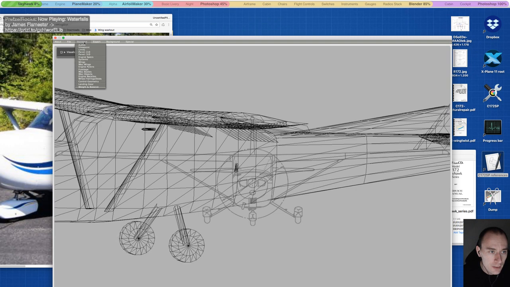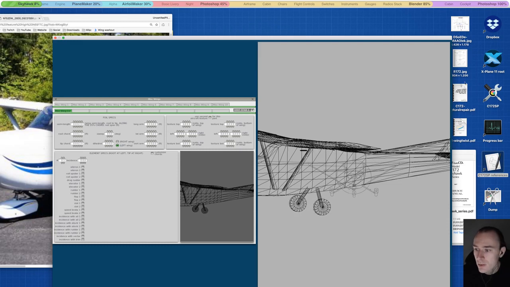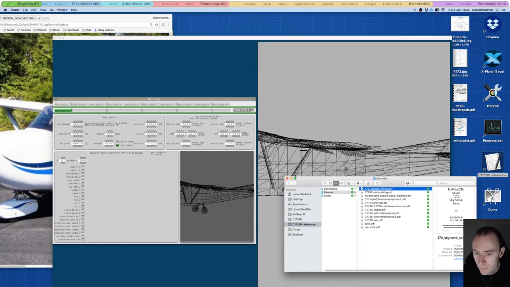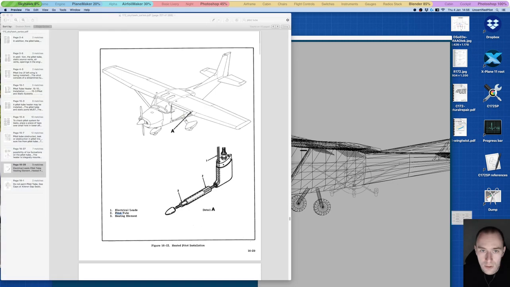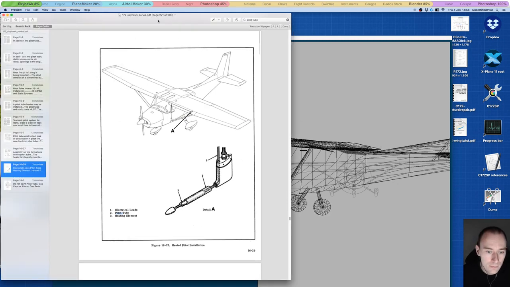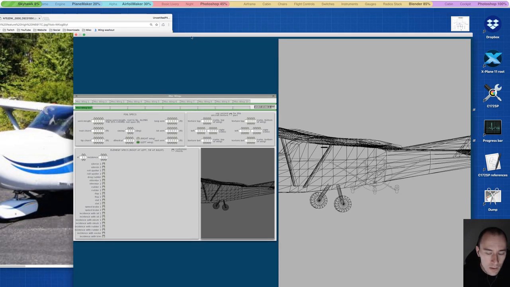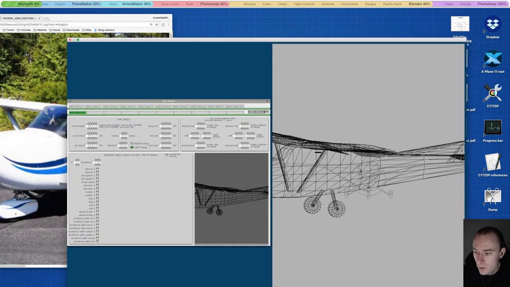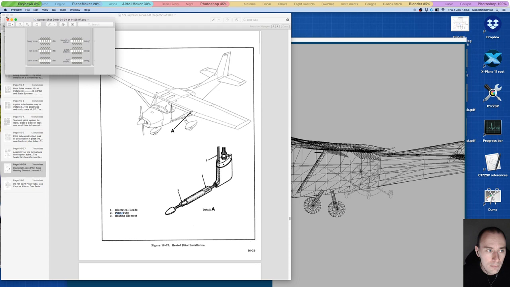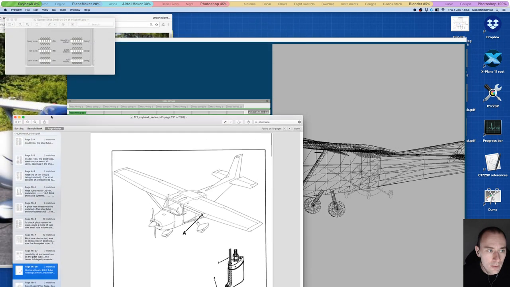Go back, standard, and miscellaneous wings. Screenshots. Where's the screenshot? Oh, that's how it works. Okay.